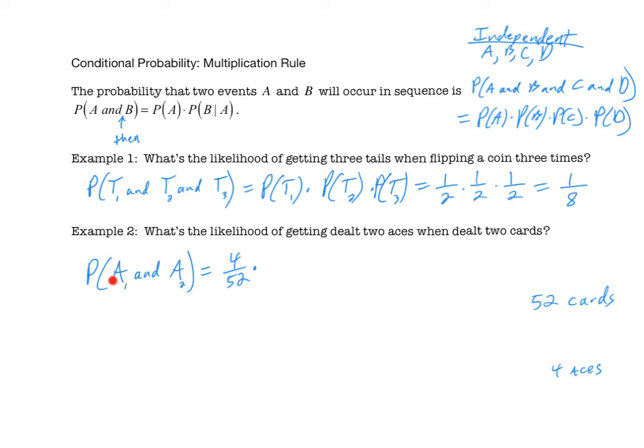Once you've drawn that first ace, what happens? Well, there's only 51 cards left. And assuming that you got the ace, there's only 3 aces left. So the likelihood of then getting a second ace is only 3 out of 51. So in this case, these 2 events were not independent of one another, meaning we were using this formula here.